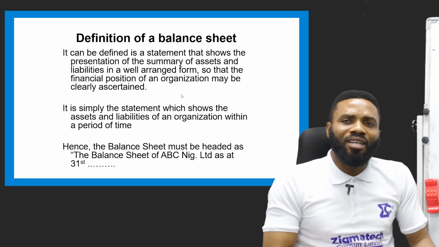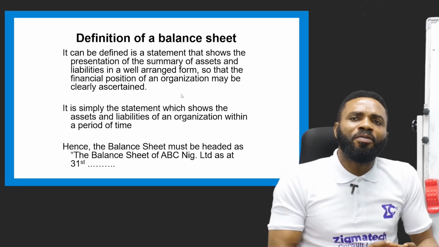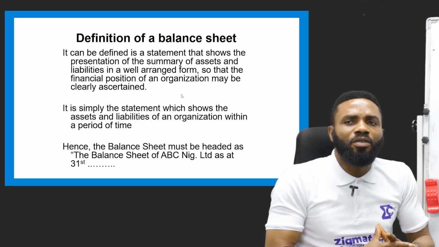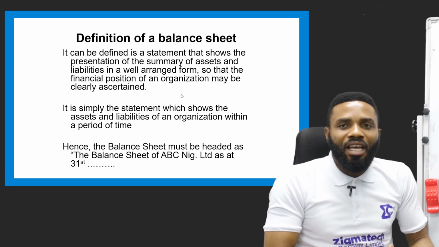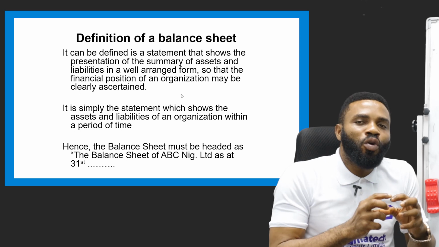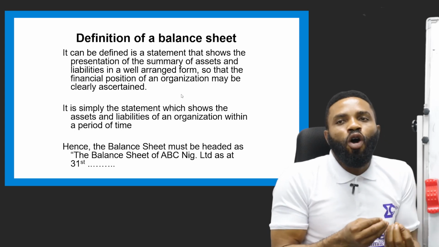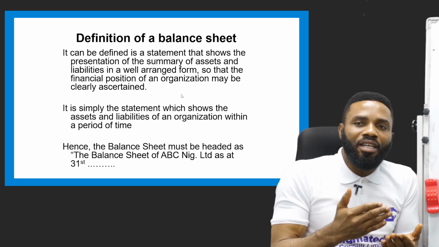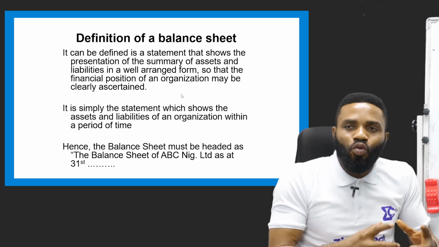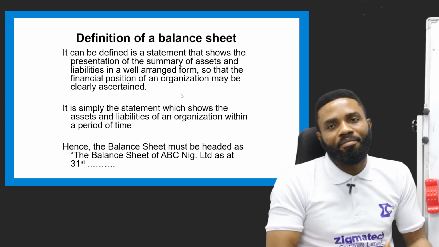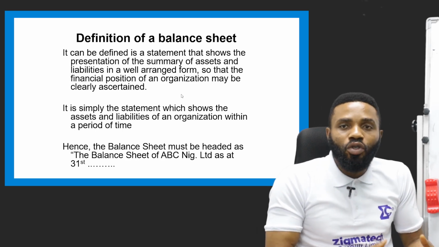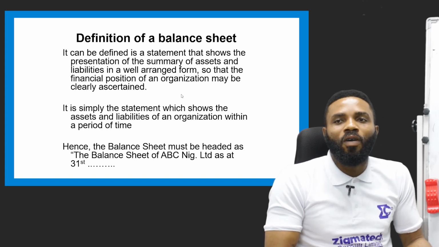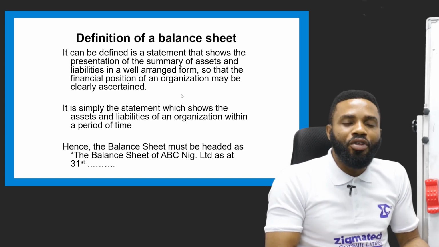Another thing we need to understand about it is that apart from the fact that it shows a well-arranged statement, it also gives a picture of the assets and the liabilities of an organization within a period of time.